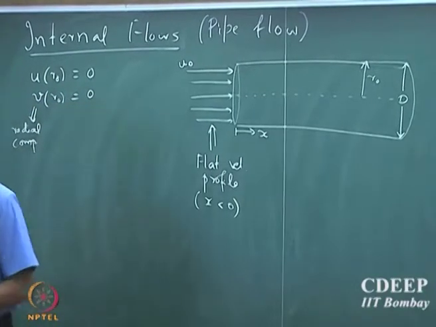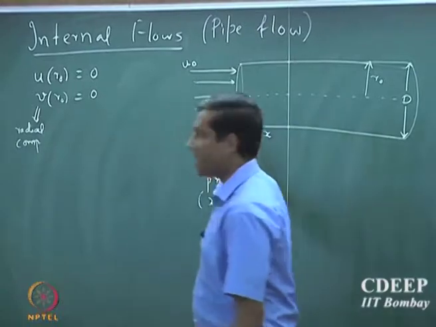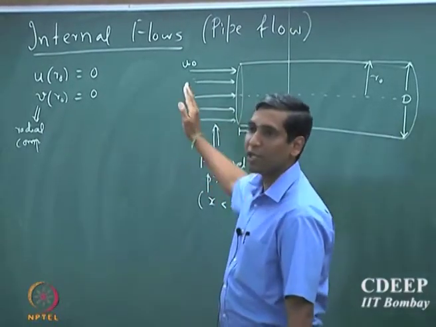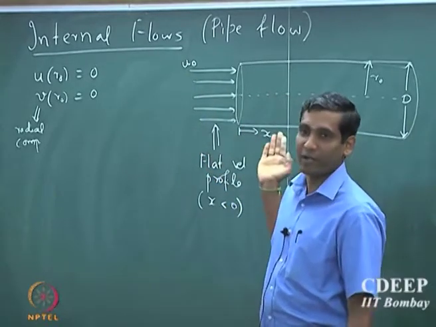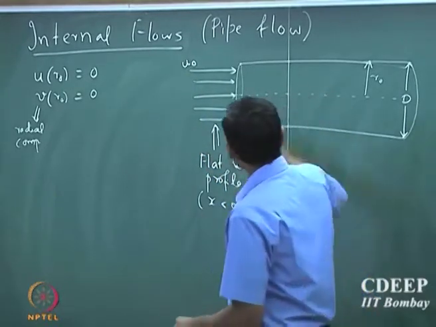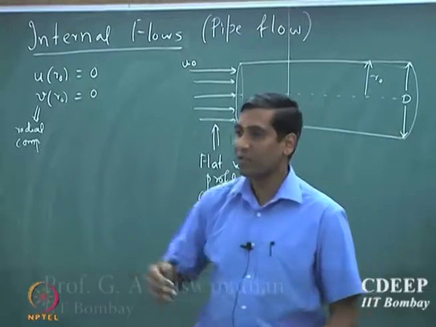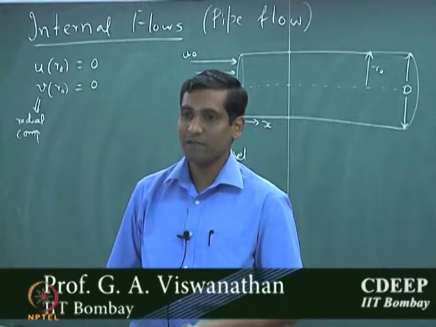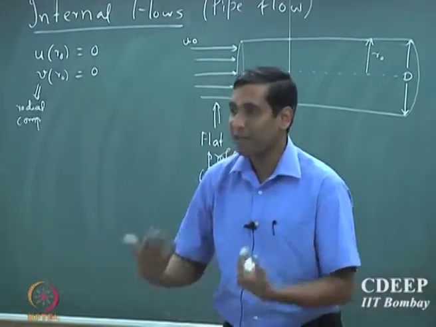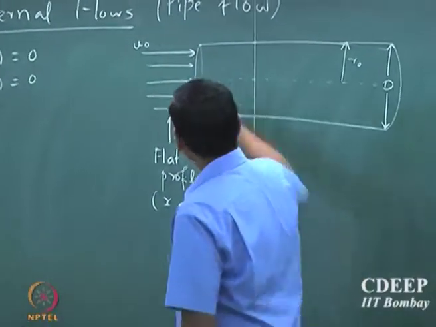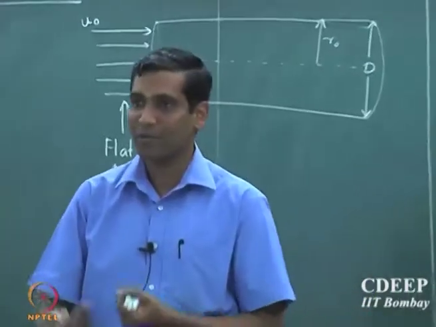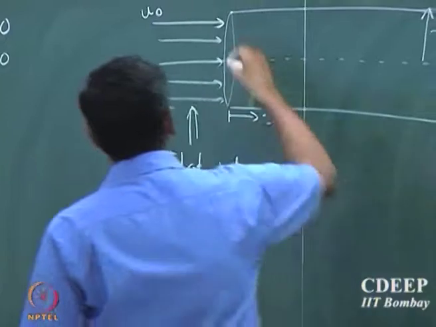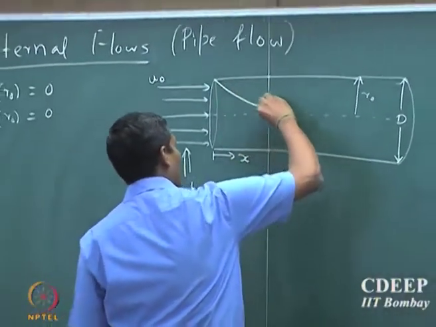Note that it is a flat velocity profile, which means before it enters the tube, the fluid is primarily moving only in one direction, but as soon as it experiences the wall, the fluid suddenly comes to rest, and so the viscous effects will start playing a role, and therefore the fluid will start moving in both directions, both radial and axial. And therefore it results in the formation of a boundary layer.